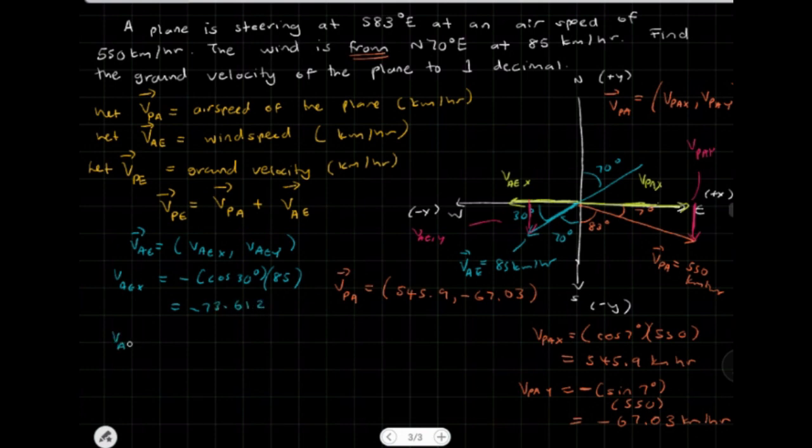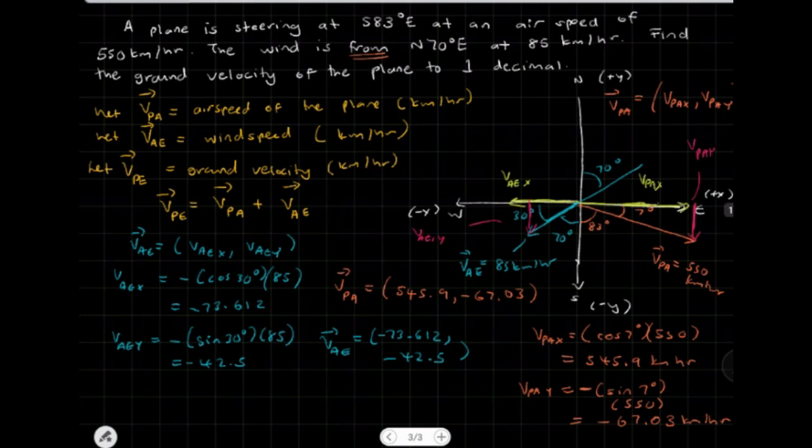And V sub AEY is equal to, you can notice that the y component is also going south, so this should also be negative because of our scale, sine 30 degrees times 85. So in that case, we should get negative 42.5. And collectively, our vector here is negative 73.612 and negative 42.5.